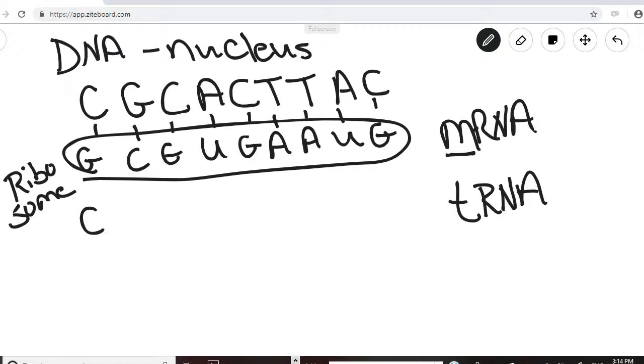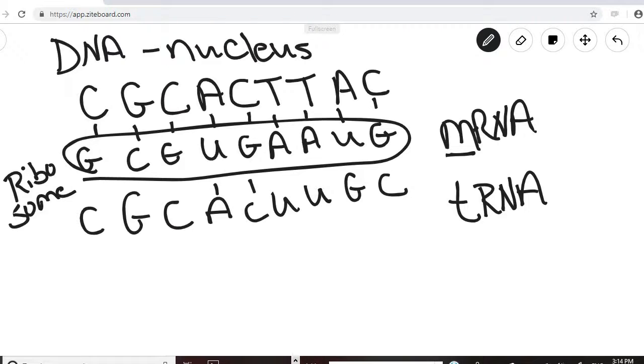So G with C, C with G, G with C, U with A, G with C, A with U, A with U, U with A, and G with C. There's no thymine, so this would be the transfer RNA that gets made from this strand of messenger RNA.